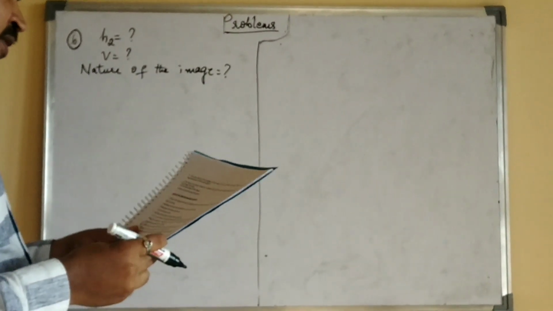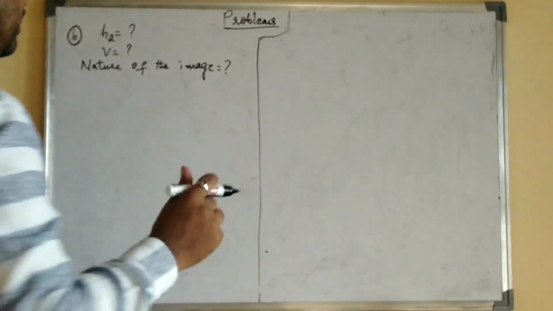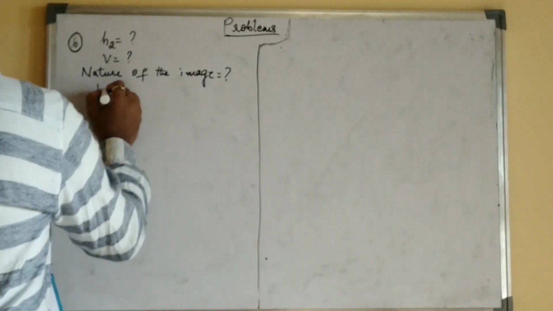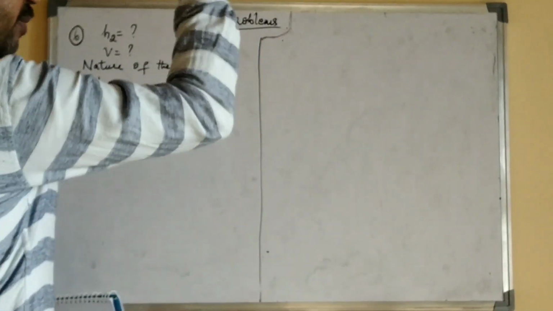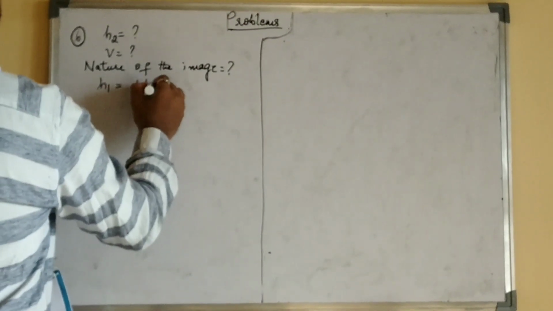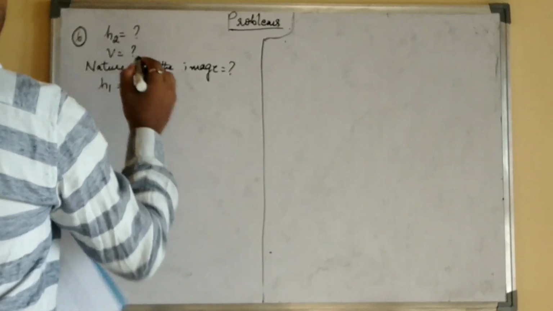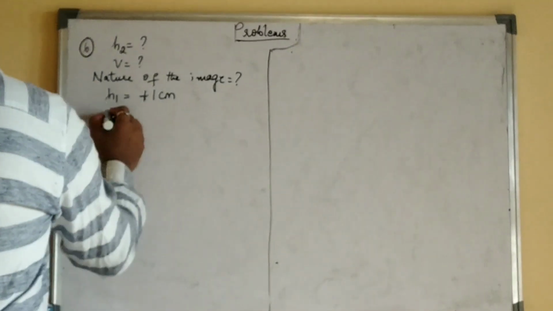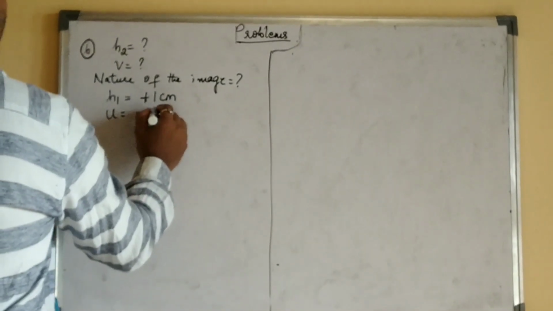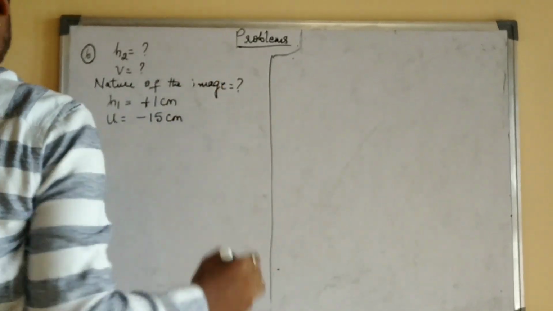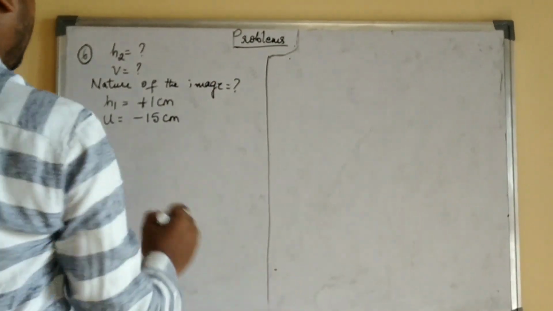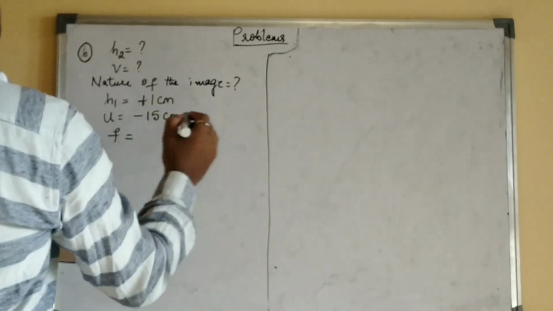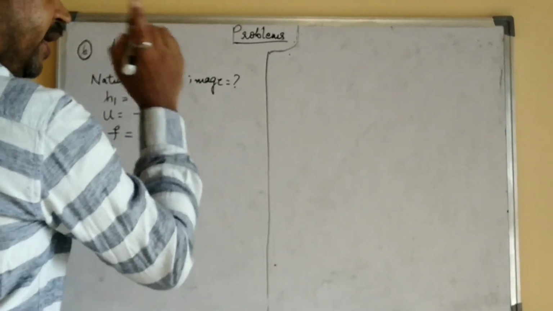Okay. When the object of size 1 centimeter, object of size 1 means H1 is equal to, object will be above the principal axis. So plus 1 centimeter is placed at a distance of 15 centimeter, means U is given, that is minus 15 centimeter. From the concave mirror of focal length, that is F, focal length is given minus 10.